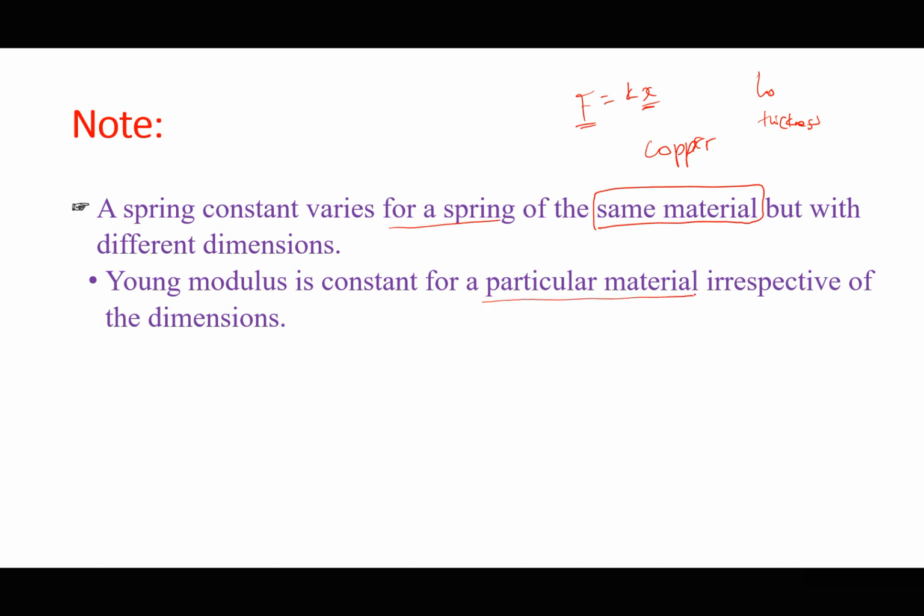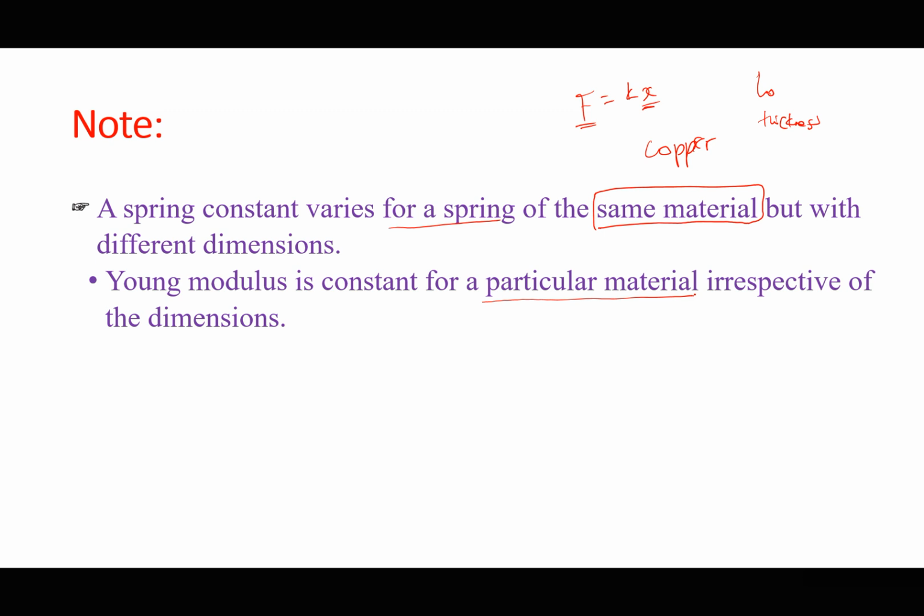As long as the material is copper, for example, if we have two springs made from copper, even though the spring constant is different because they have different dimensions, and therefore they will stretch by different values of x when F is applied, as long as they belong to the same material, the Young modulus is going to be constant. So that is the difference between Young modulus and the force constant.